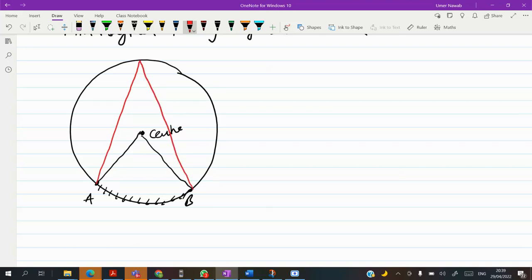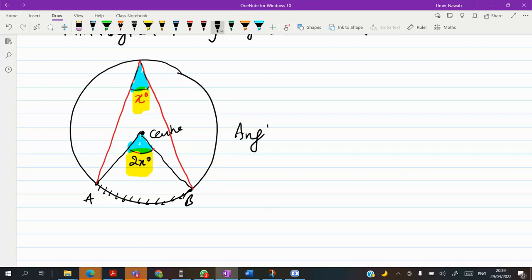So the angle subtended at the circumference has a relationship with the angle at the center by the same arc. What is the relationship? Double and half. At the center, the angle is always double.